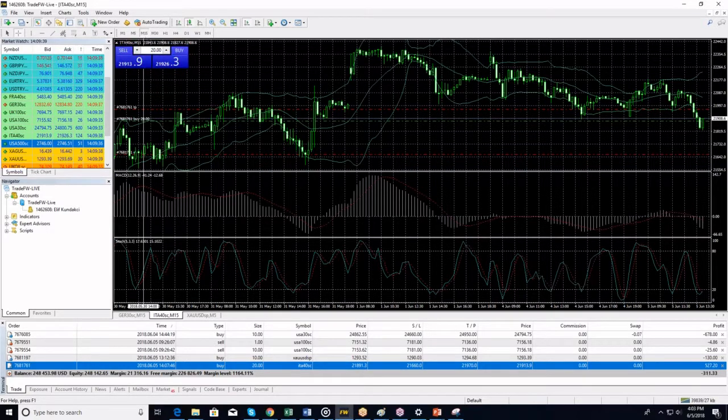Also, let me put in the chat what I entered now. It's already in the money, already 300 bucks in money, my Italy 40 position. This sounds good.